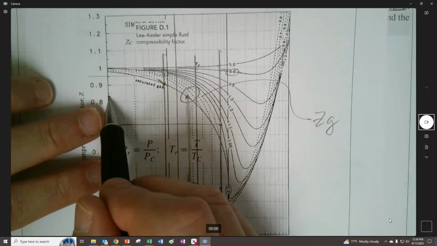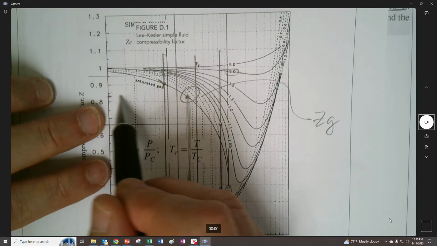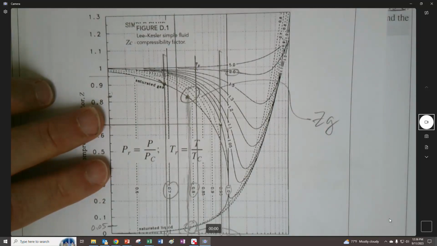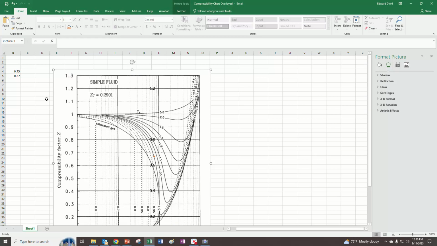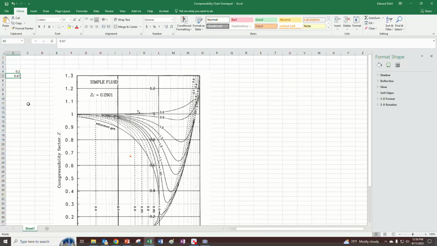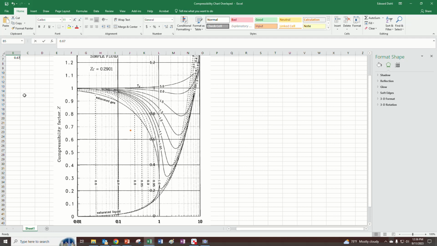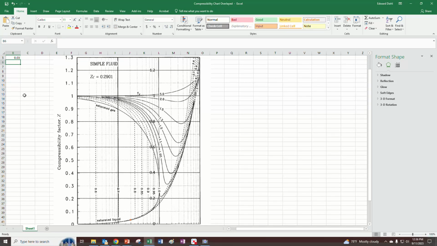And I can see that. If I wanted to go over here to prove it to myself, I'd go, all right, so here's my pressure 0.2, and then I'll go 0.03.